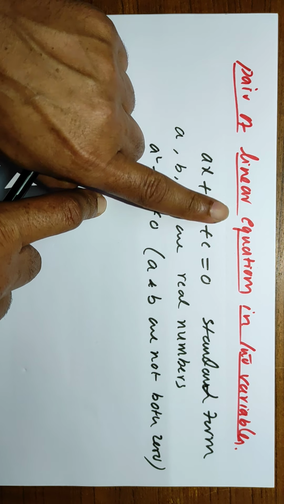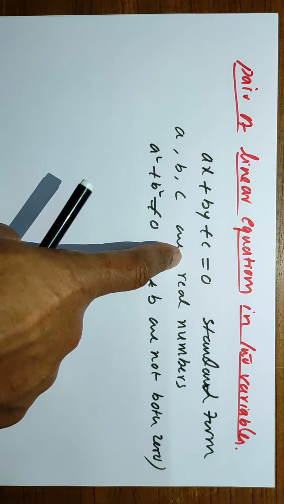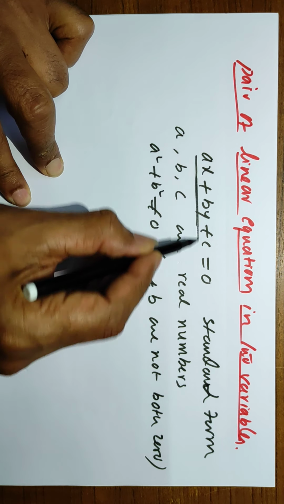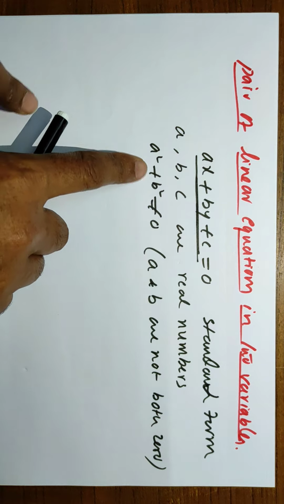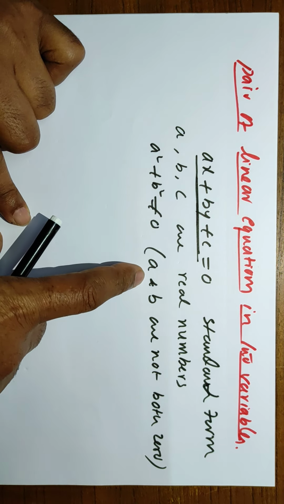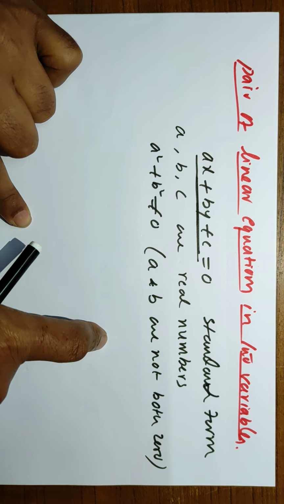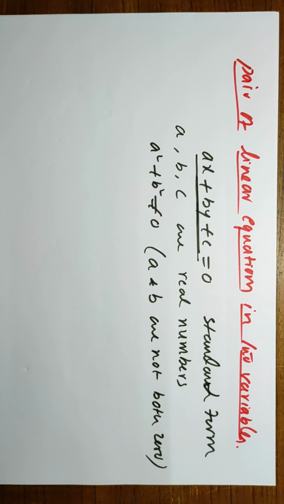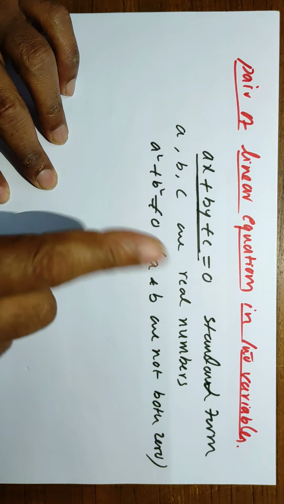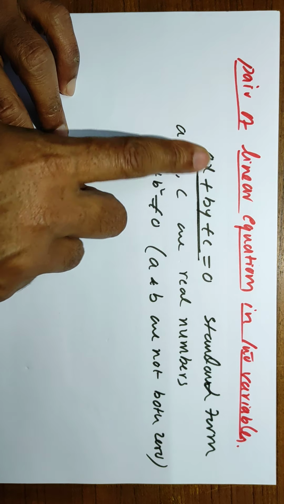If b becomes 0, then it becomes a linear equation in one variable. We have linear equation in two variables. Therefore, a square plus b square should not be equal to 0, or we can say a and b are not both 0. So, in this chapter, we are going to consider a pair of linear equations in two variables.